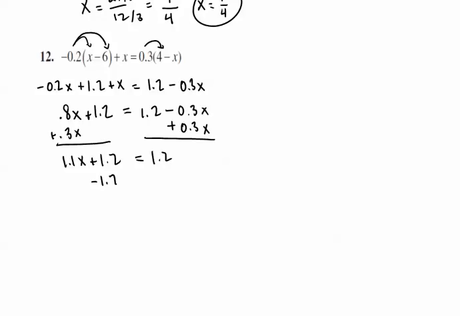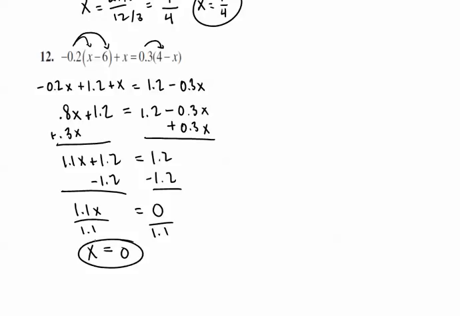Now we're just going to subtract 1.2, not subtract negative 1.2, but subtract 1.2 or add negative 1.2 to both sides, and we get 1.1x is equal to 0, and divide by 1.1. X is equal to 0.